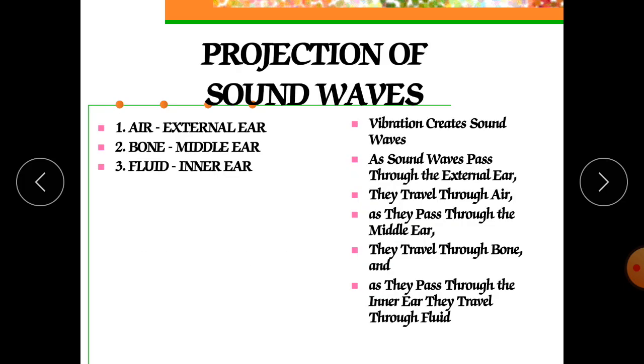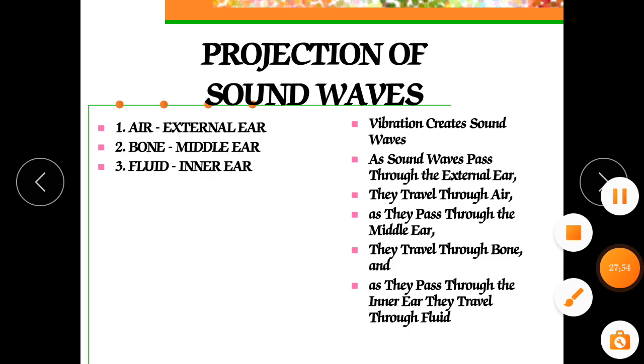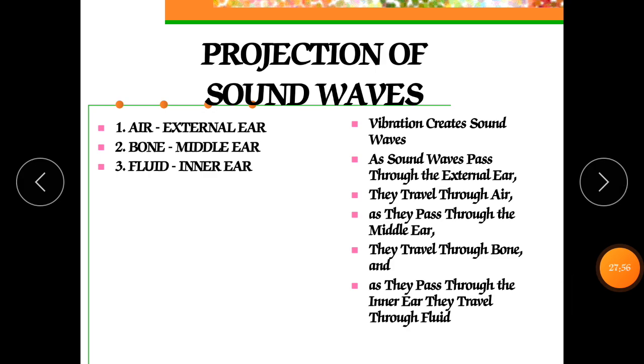Now, projection of sound waves. How the projection of sound waves occurs, that is, how the hearing process actually occurs, we can see here. That is also very important, as we have discussed the various parts of our ear, where they are located and what their functions are. Here it is also our role to understand how sound is formed and how the hearing process occurs.